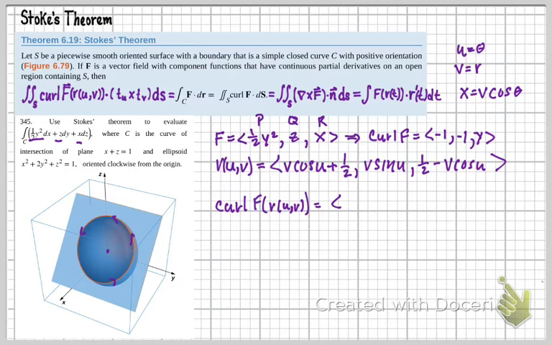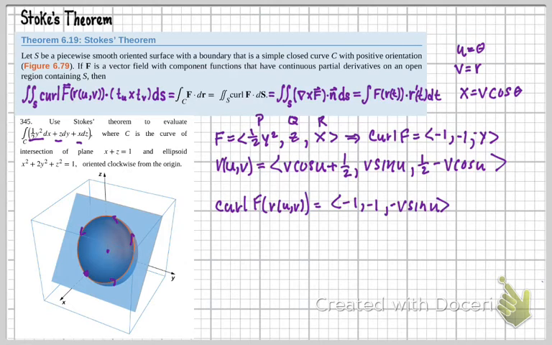And that's going to equal -1, -1, and then my y, which is v sine u. I almost forgot to put my negative in there. So I'm going to move that over, put my negative in. Okay, now I'm ready to roll. So that's my curl of f with my RUV plugged in.